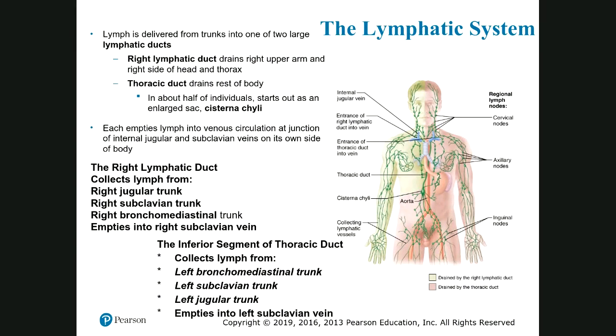all right? So it receives the lymph from the right jugular, exactly from the right neck, and from the right subclavian trunk, from the right upper appendage, and the skin of the posterior and anterior thorax.